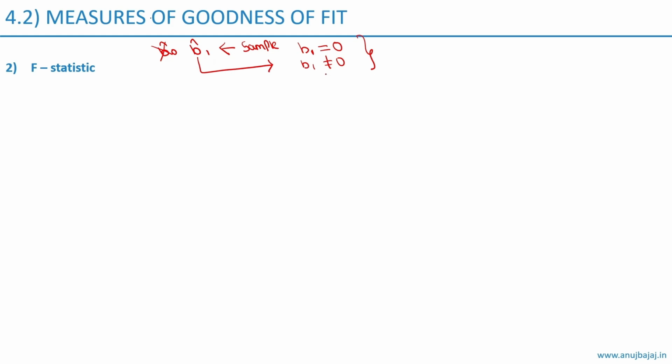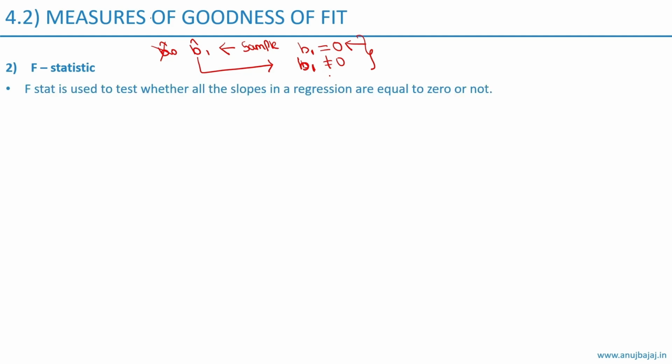We ideally want the population slope coefficient to be different than 0. A population slope coefficient different than 0 implies that the independent variable does a good job of explaining the dependent variable, whereas a population slope coefficient of 0 implies that the independent variable is not a good explanatory variable.